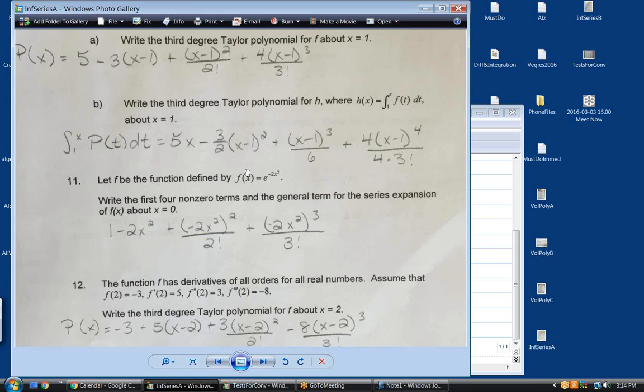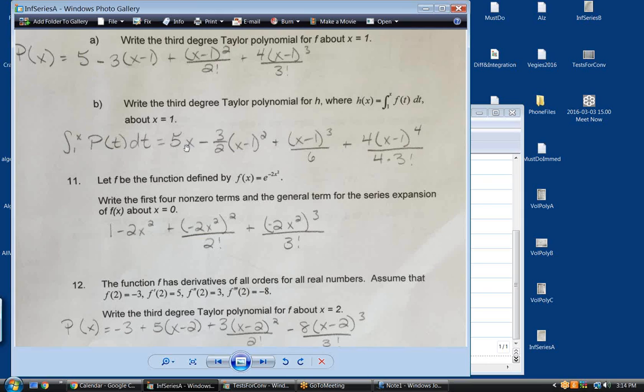Would the 0 term be excluded because the integral starts at 1? No, the 0 term was not excluded. There it is right there in p of x, the 5. When I integrate that, it becomes 5x.